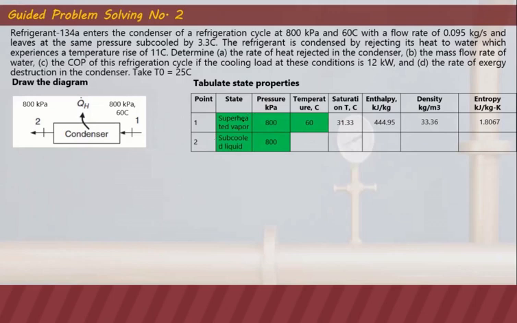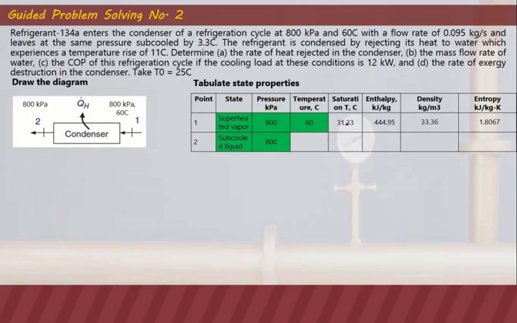For point 2, since we are given a subcooled liquid, the liquid has been subcooled by 3.3 degrees Celsius, meaning it is 3.3 degrees Celsius lower than the saturation temperature. Because when we say subcooled, it is the temperature below the saturation temperature. And since the saturation temperature is 31.33 degrees Celsius, we can use this one.